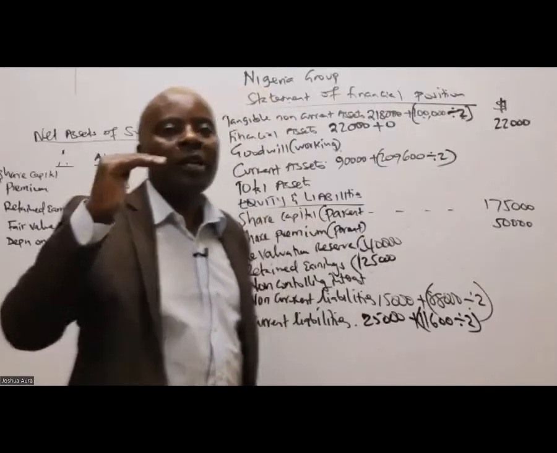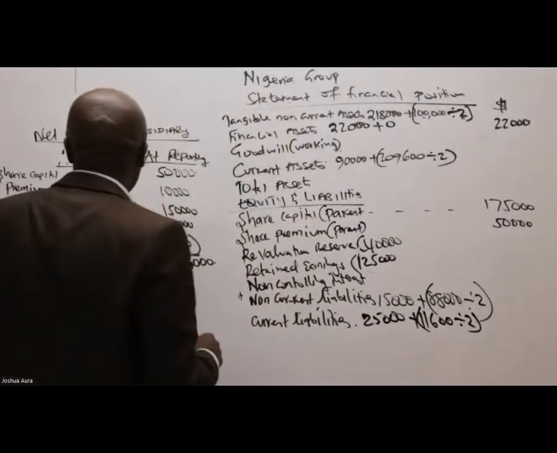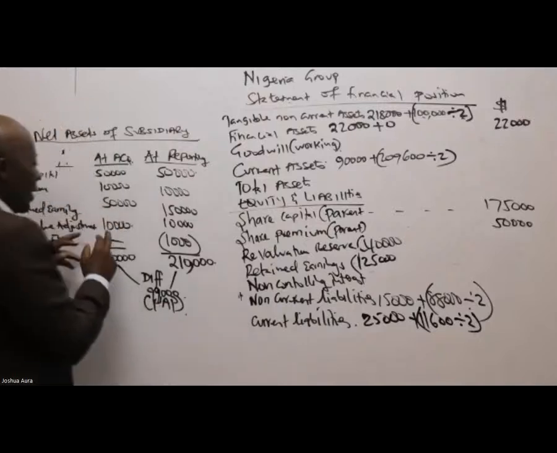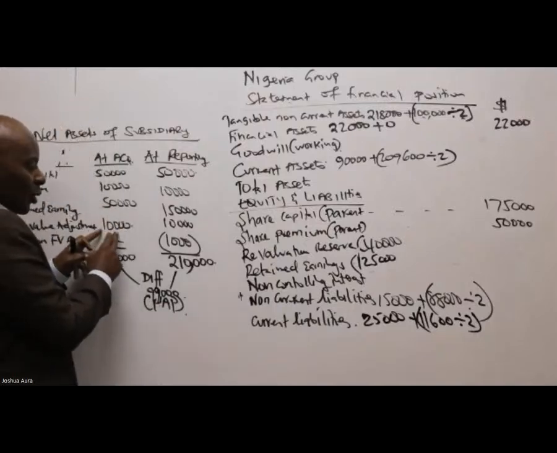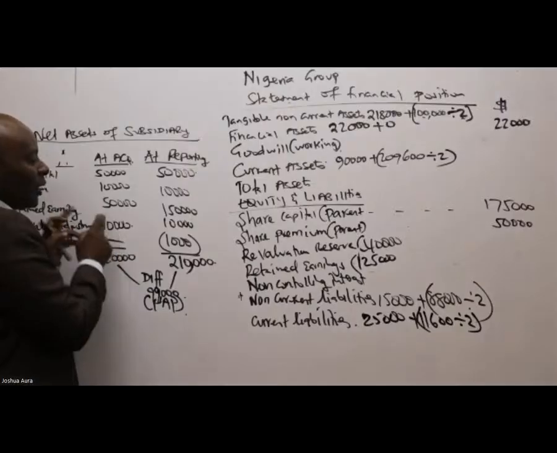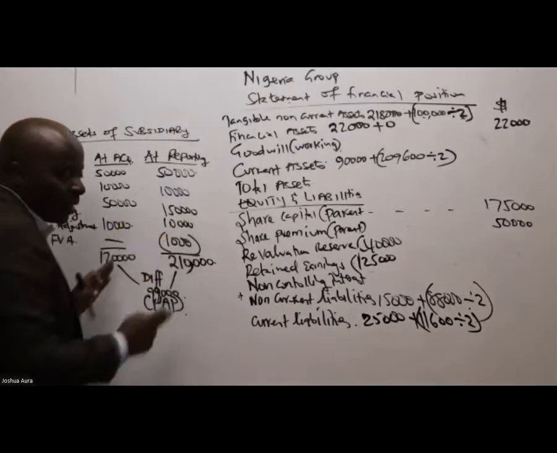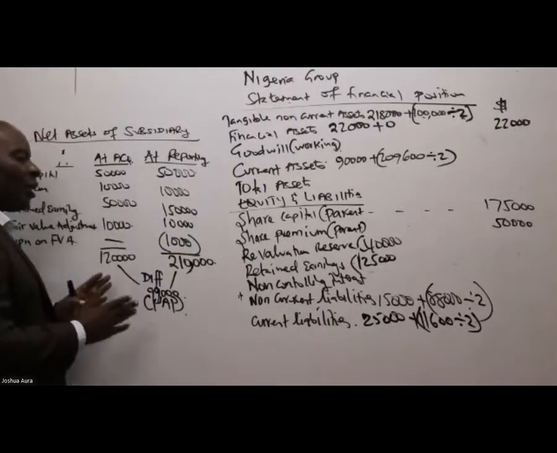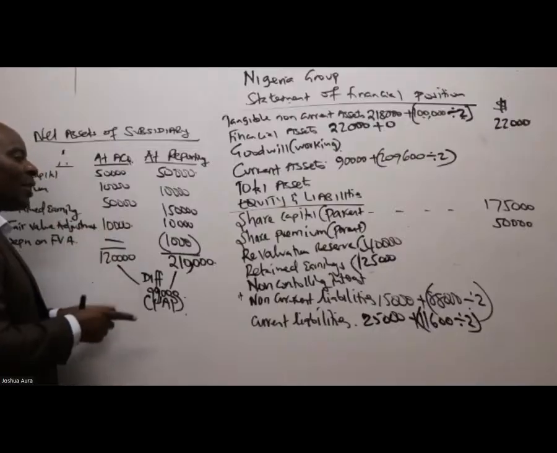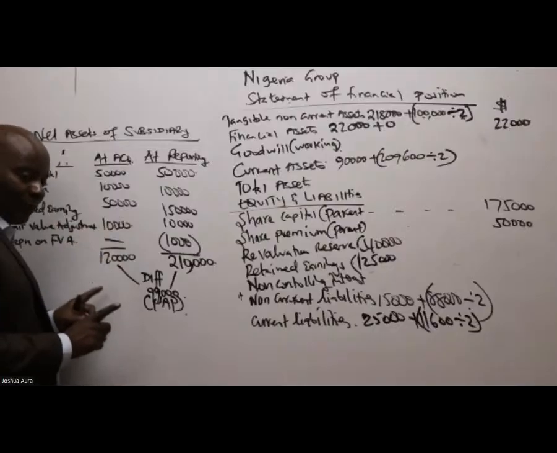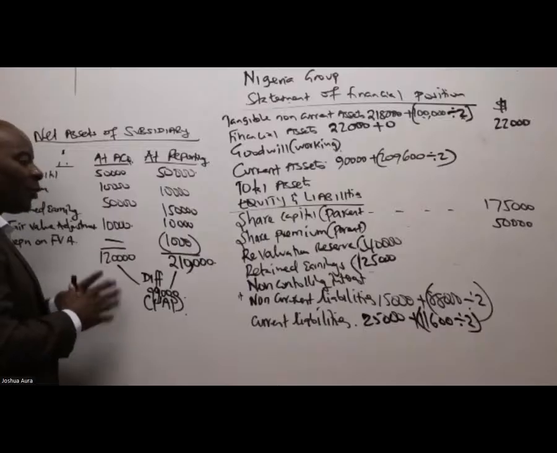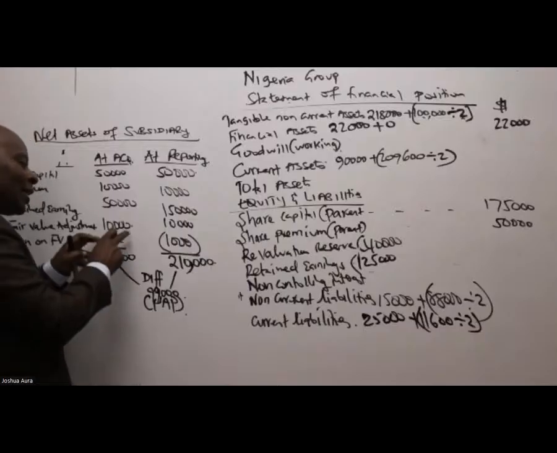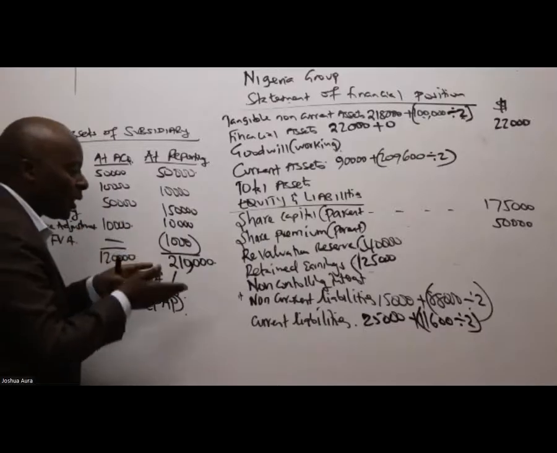So this is what we are calling fair value adjustment. The fair value adjustment of our assets here is a positive 10,000. So you'll have positive 10,000 at acquisition and the same figure is replicated where? Here.